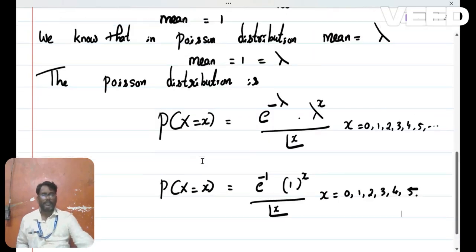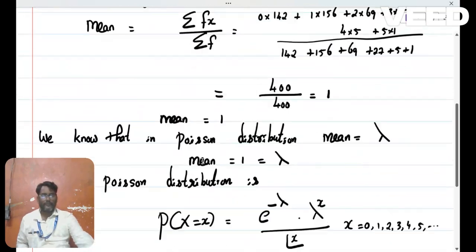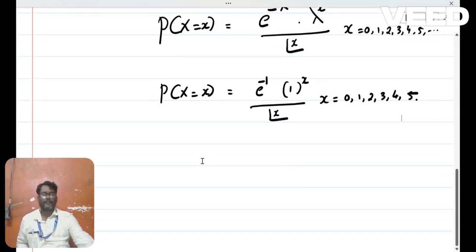Here small n is equal to 5, therefore we take the values for x up to 5.